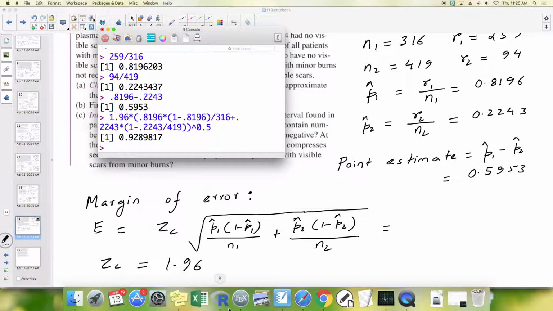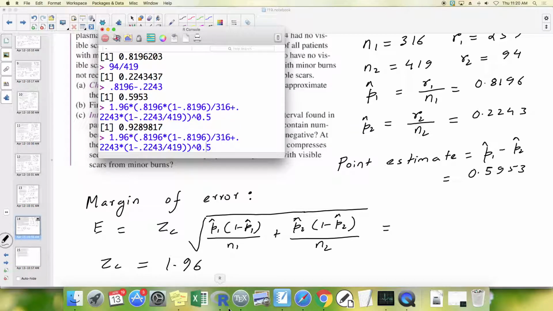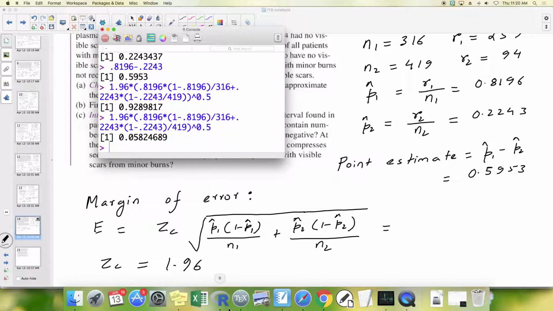I'm sorry, I think I made a mistake. I should have put a bracket here. So 0.9289 looked really large to me.